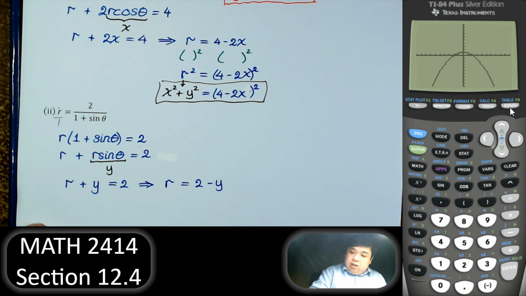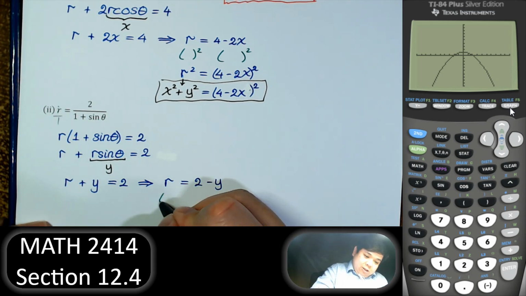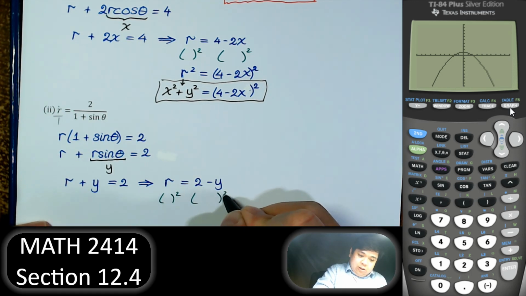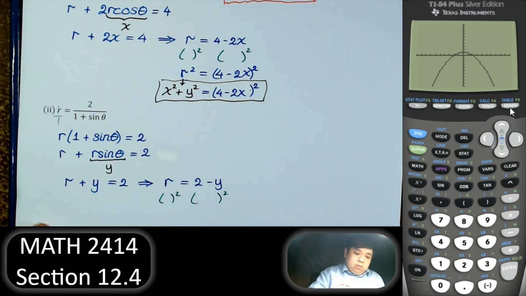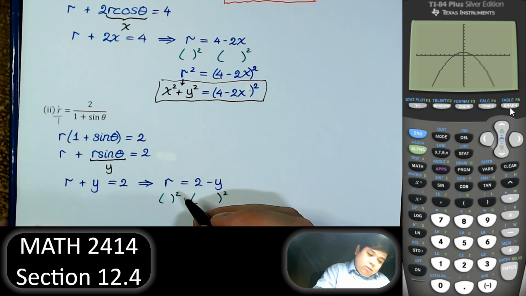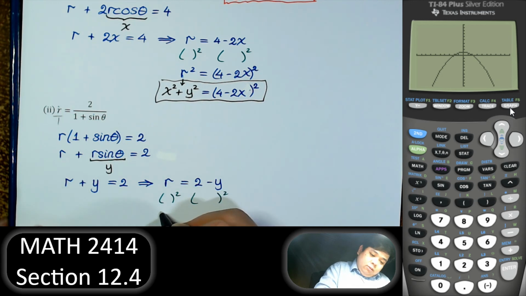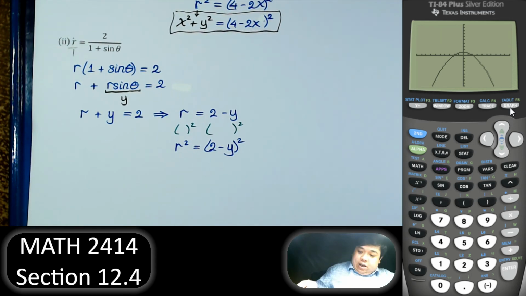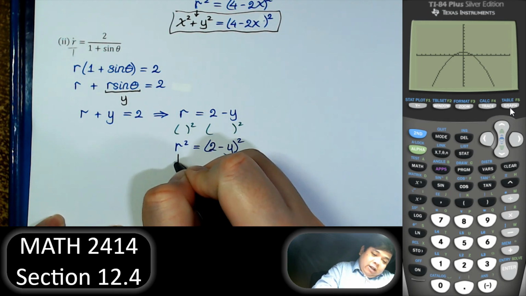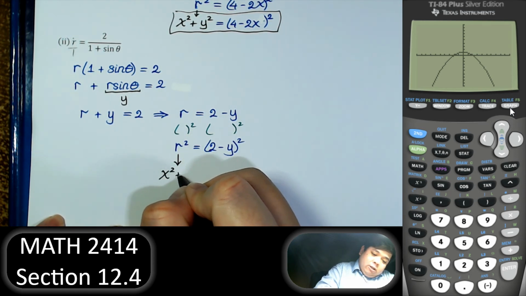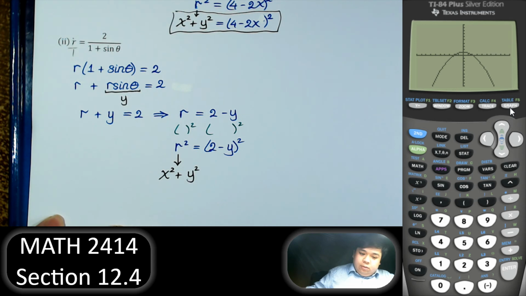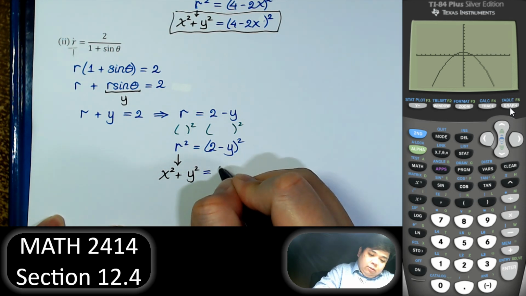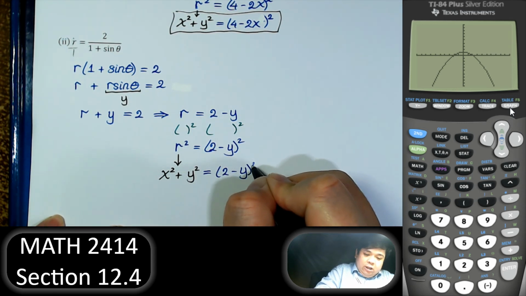Square both sides. Now here, this one is simple enough. I actually can simplify it. r squared gives us x squared plus y squared, equal to (2 minus y) squared. Right.